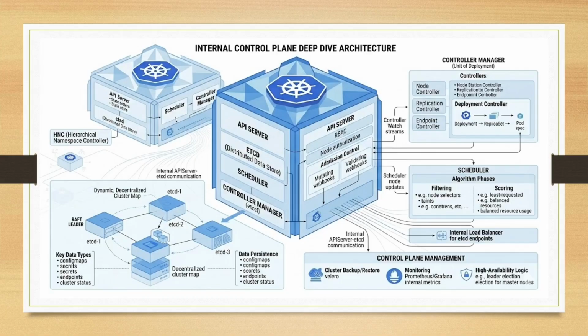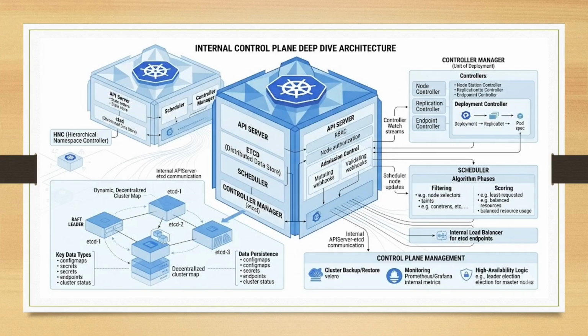And the scheduler defines when, at what time, which node has to be selected. Okay, so it basically runs some algorithms to find the least requested nodes and balanced resources, to check the resources, like what the current resource utilization there is, and whether we can schedule the pod creation on that node or not.